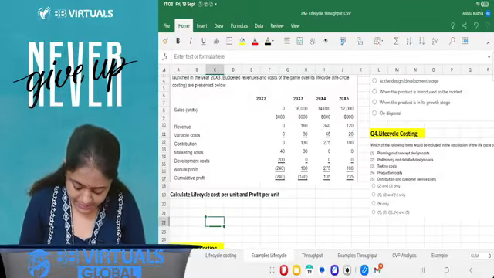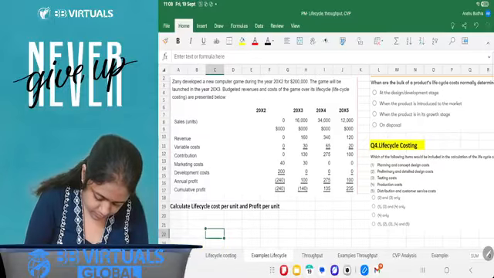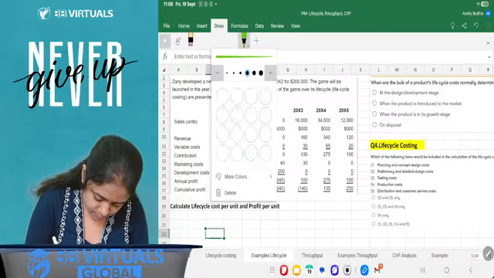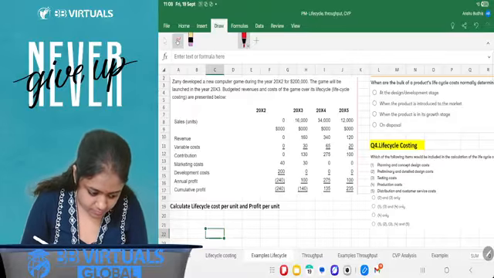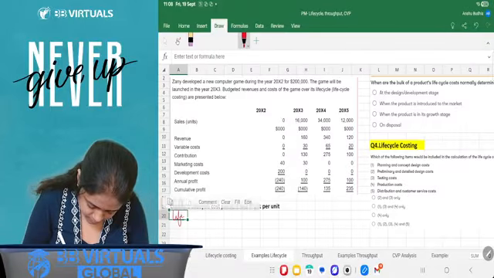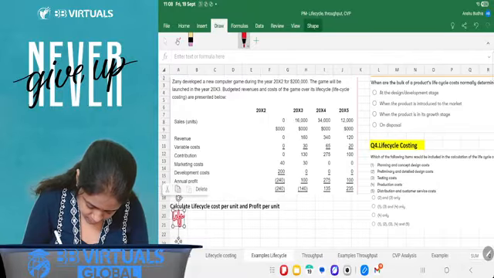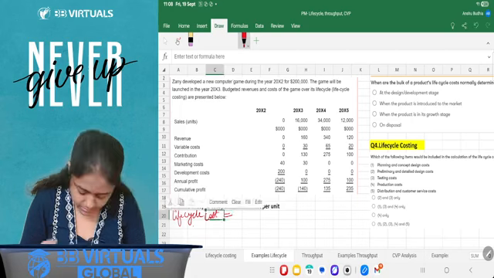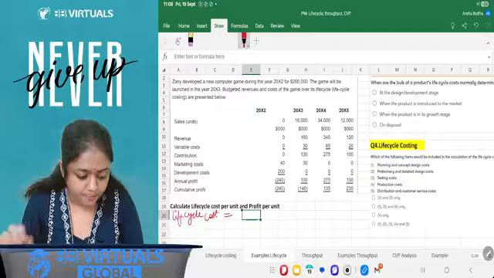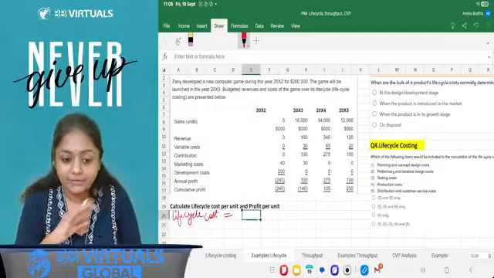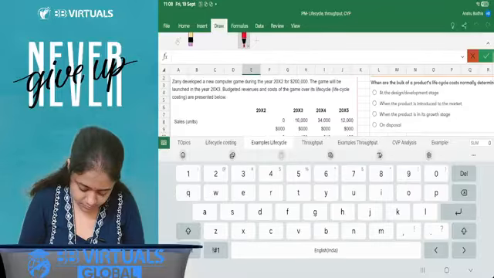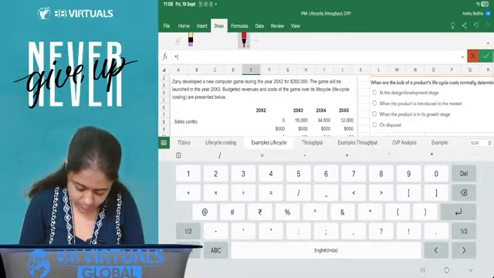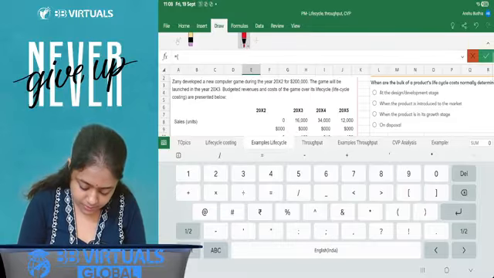Okay, let's write here life cycle cost. Life cycle cost will be equal to, now what you will do, you will add everything from start to end. So let's keep on adding. Let's get the total cost.